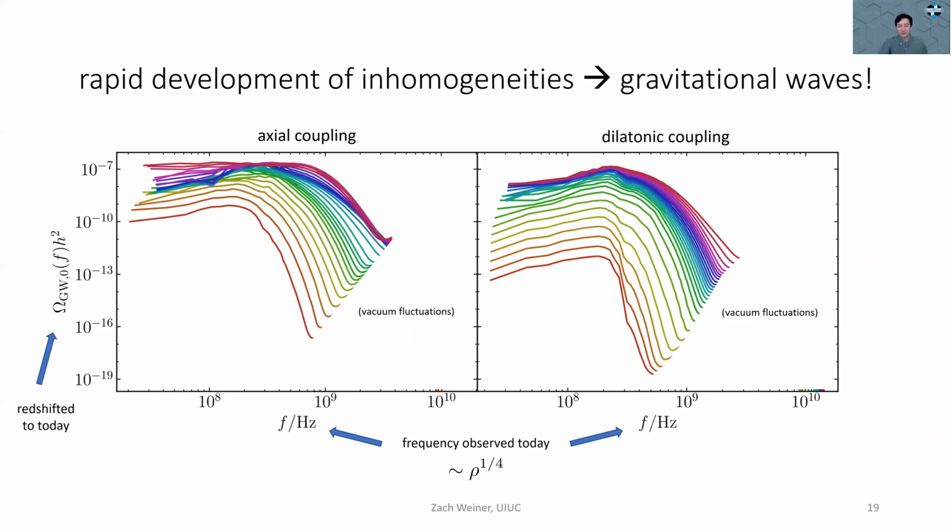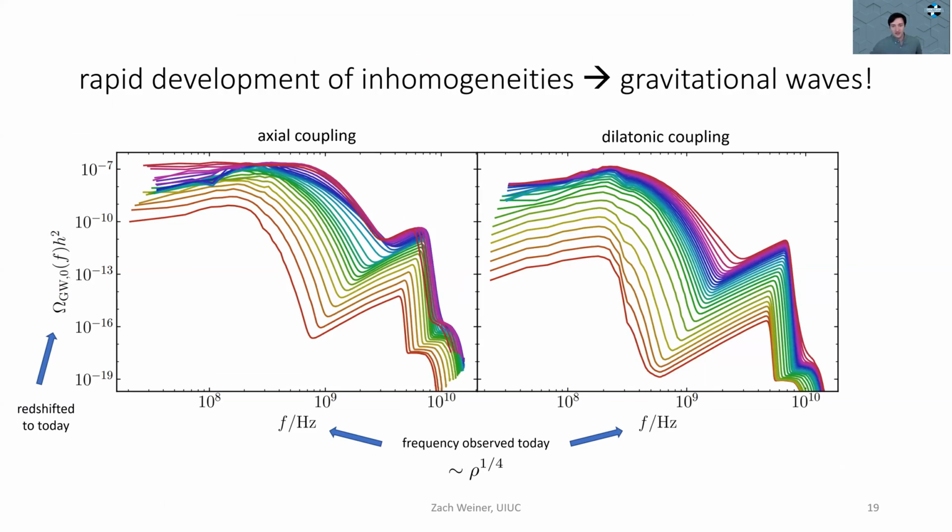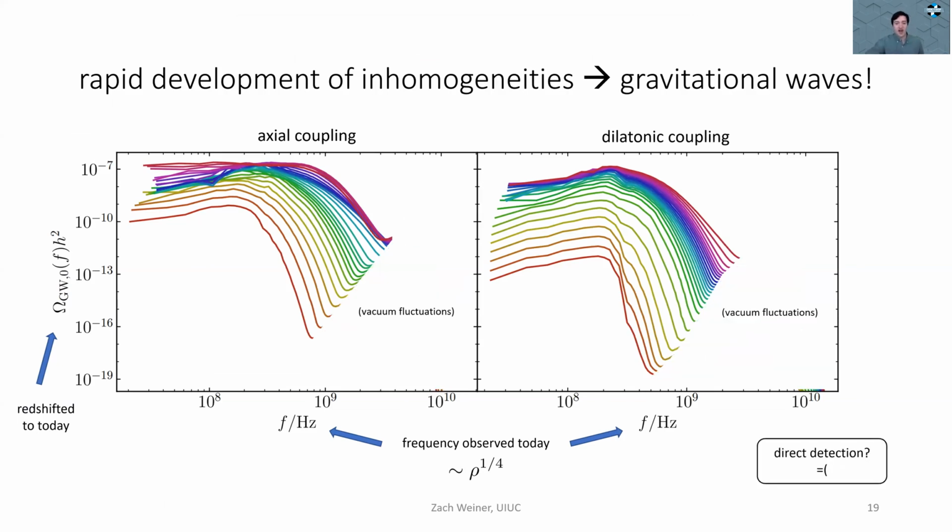Now, if you paid attention to the horizontal scale on the previous slide, you'll see that all of the experiments we were really talking about, whether currently taking data or planned or proposed, none of them come remotely close to gigahertz. And so that's pretty sad for our prospects to directly detect these signals and be able to place constraints on these models.